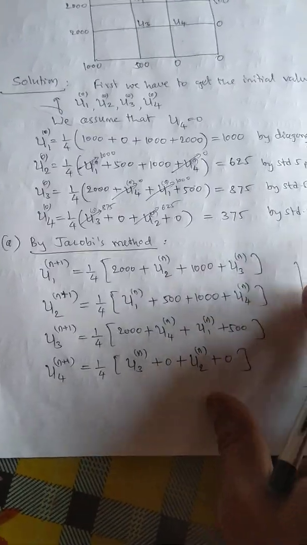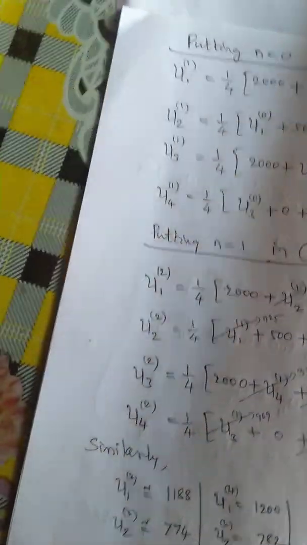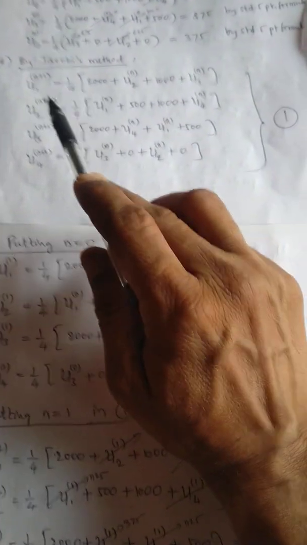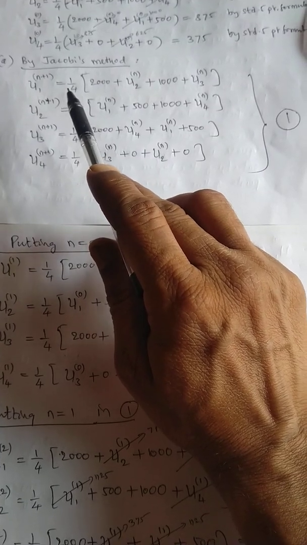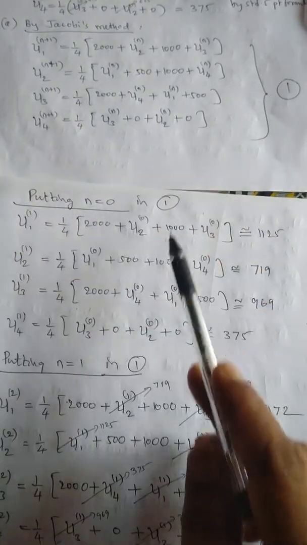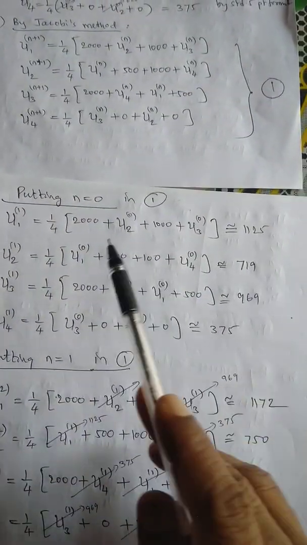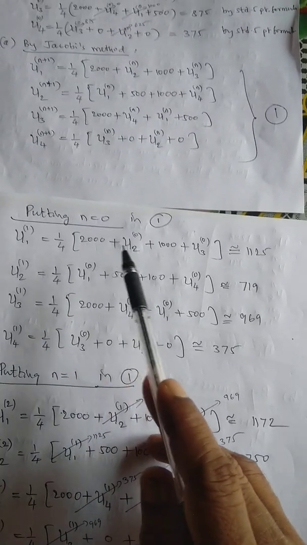So in this we next put n equal to 0 in this system. We have 2000 plus U2 naught plus 1000 plus U3 naught, substituting for U2 naught, U3 naught.